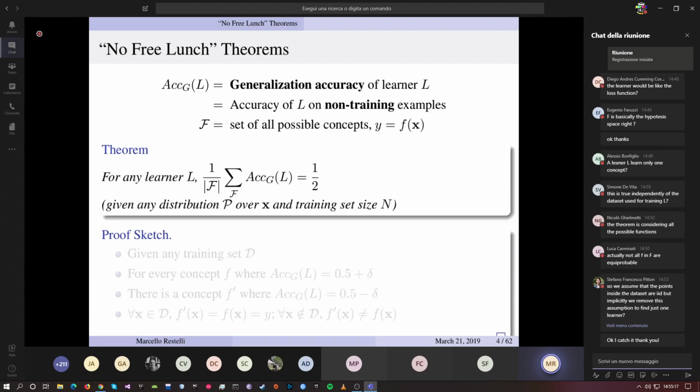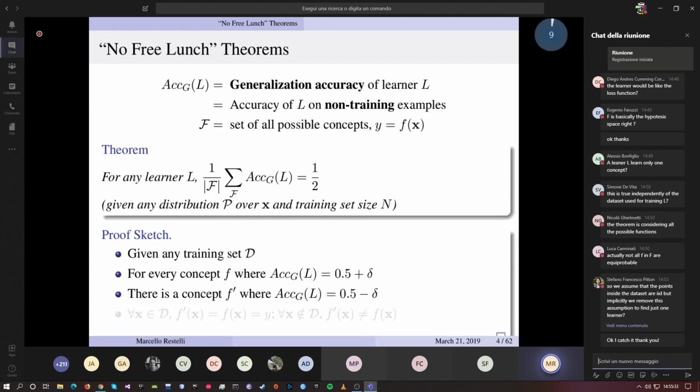Okay, so now we have this strong result, but okay, keep calm. It's not a tragedy. It's something important from one side, but the message is important and the consequences are moderate.